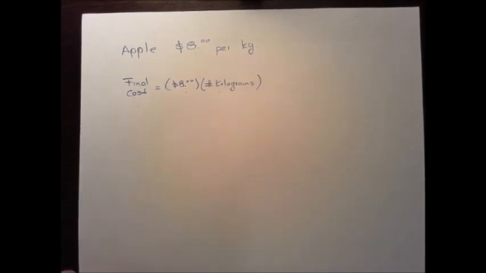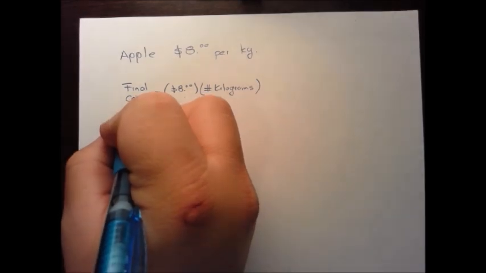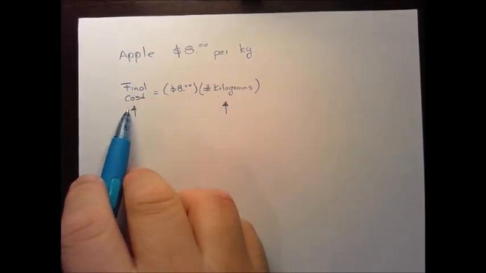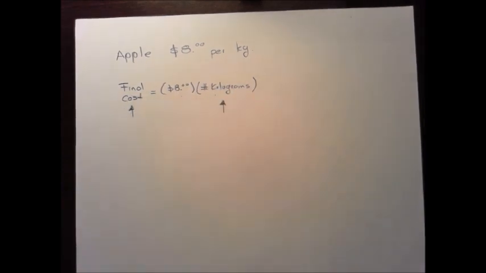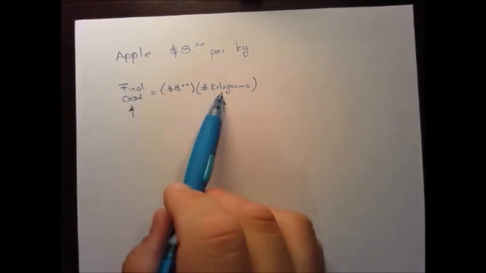Okay, well, here as you can see we have two variables. This is going to be one variable, and this is going to be another variable. The first variable is going to be the final cost. The second variable is going to be the kilograms. So my question is, which one depends on the other one? Is the final cost depending on the kilograms, or are the kilograms depending on the final cost? In that case, it's very clear the independent variable is going to be the kilograms, because the final cost depends on it.